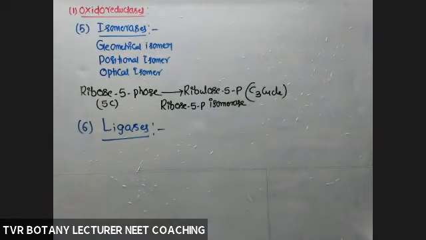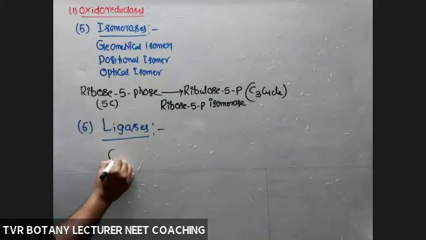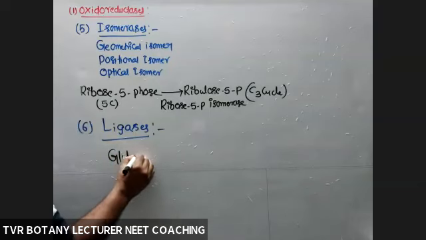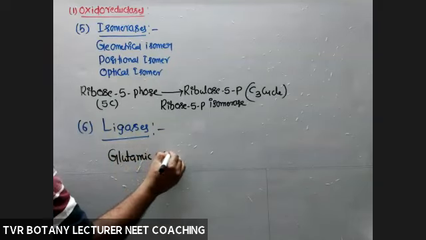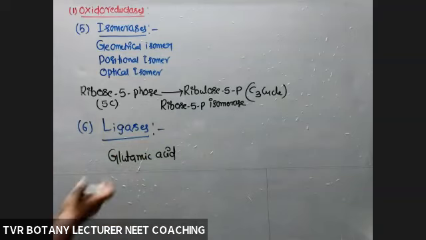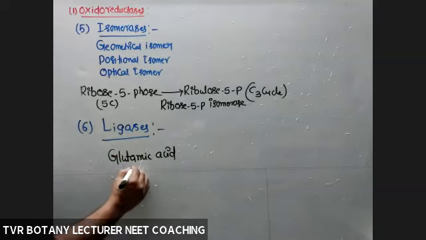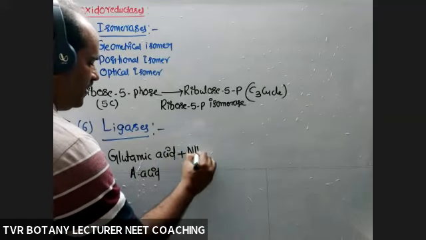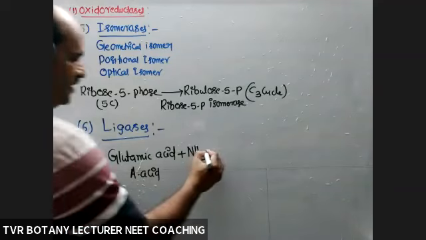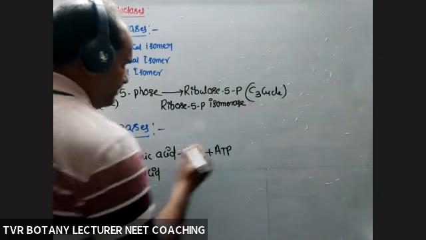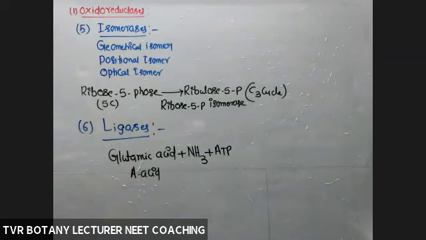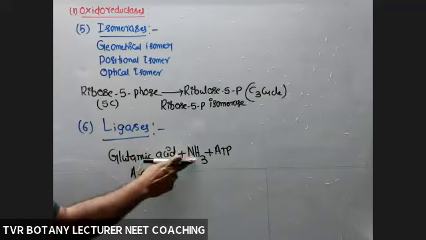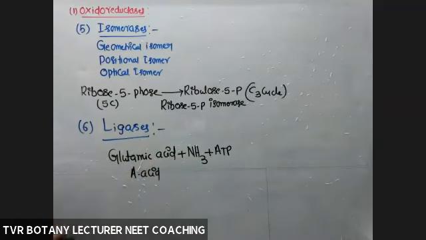Okay, so what about the given reaction? Glutamic acid, an acidic amino acid, is an amino acid, plus one molecule of NH3, ammonia, plus one molecule of ATP. Okay, so glutamic acid plus an amino group. Already this is an amino acid with amino group 1, and the second amino group is going to join with glutamic acid.